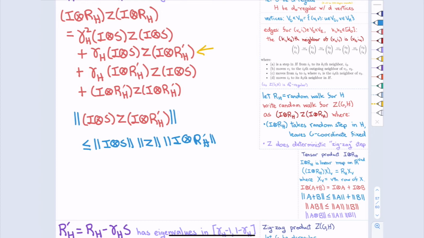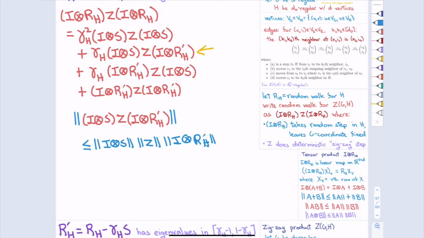So this describes a random walk on H and staying in the same spot in G. But really the eigenvalues of this will correspond to the eigenvalues of I, that's just one, times the eigenvalues of this completely uniform sample. But this completely uniform sample really only has one eigenvalue of value 1, corresponding to the eigenvector all ones, and everything else is 0. This is actually equal to 1, but in case it's a random walk, it's always at most one.